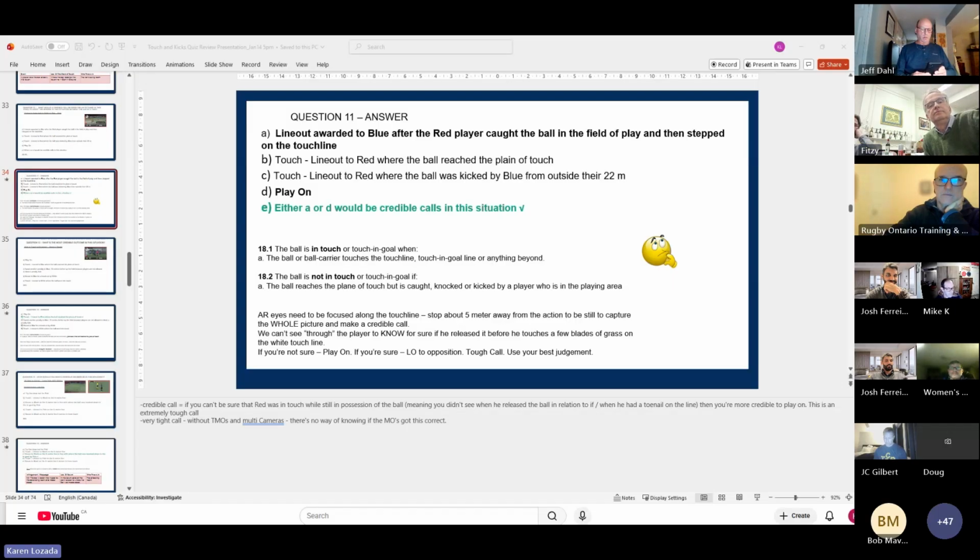Yeah, 100%. The reason I put the "I'm not sure" here is because it really could be either way. If you're going to call it one way or the other, here are the options for both. But work hard, be in position, not look like you're focused, be focused.